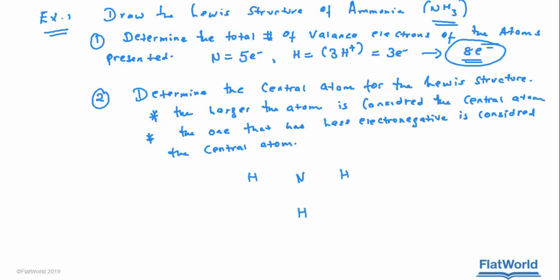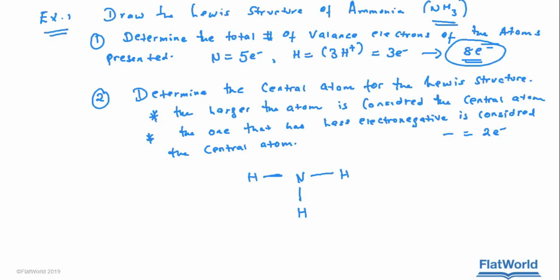You see? Now, each bond between atoms costs you a pair of electrons, 2 electrons, right? So we need to have a single bond. We start with a single bond. That was the reason, I think Roger asked me about the single bond. Yes, we start with a single bond first.